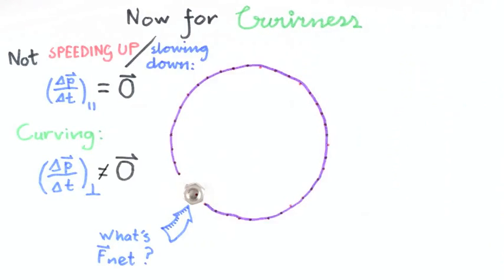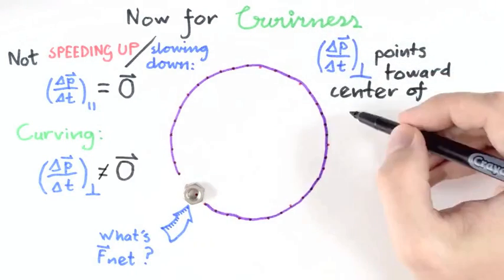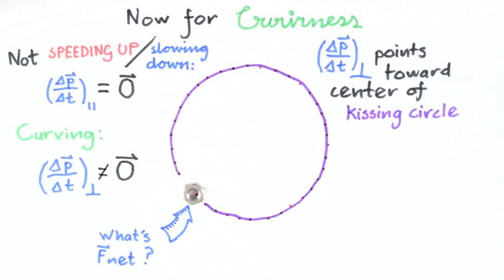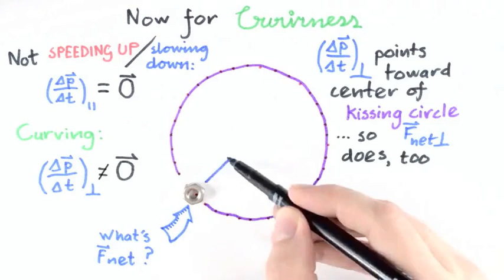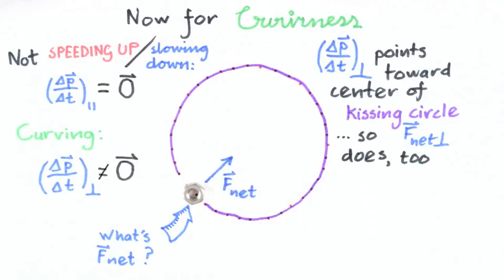That means the direction of delta p over delta t perpendicular is, as always, toward the center of the kissing circle, so that, by Newton's second law, the cause of the curviness, Fnet perpendicular, must also point in this same direction. Now, since Fnet parallel is 0, then Fnet must also be equal to Fnet perpendicular. Therefore, Fnet must point toward the center of the kissing circle as shown.